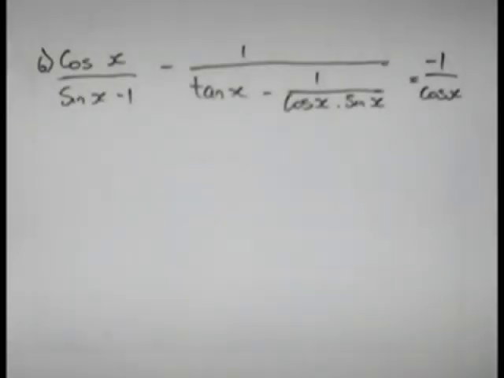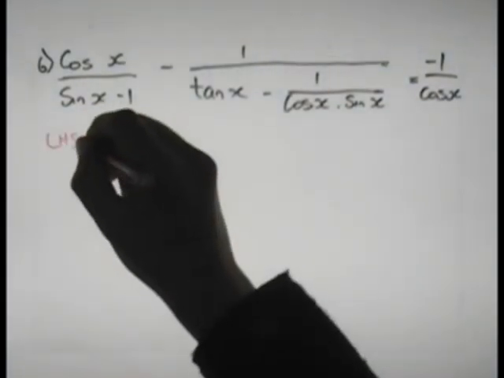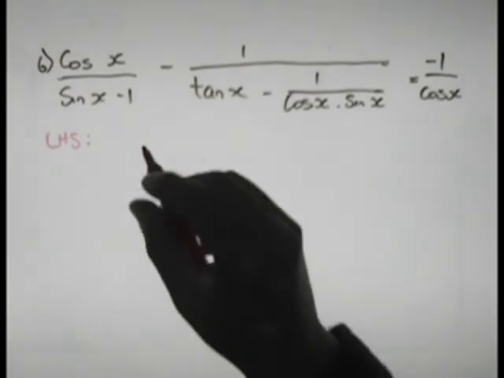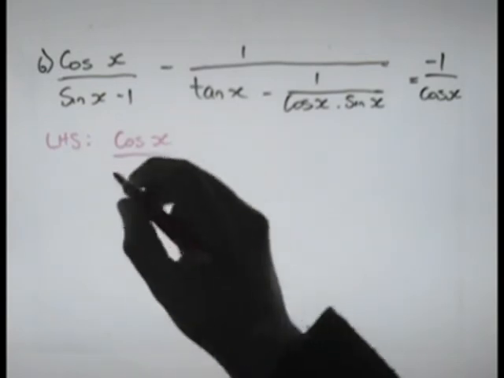Number 6 said cos x over sine x minus 1, minus 1 over tan x, minus 1 over cos x times sine x, is equal to negative 1 over cos x. This one here we can clearly see we're going to start on the left hand side. I'm going to leave the cos x as cos x for now.